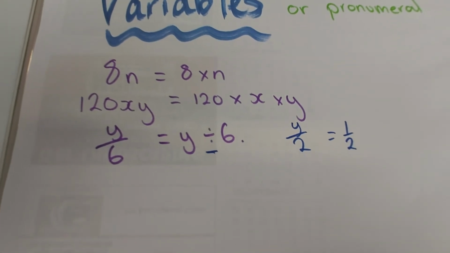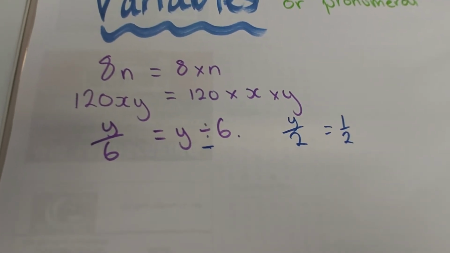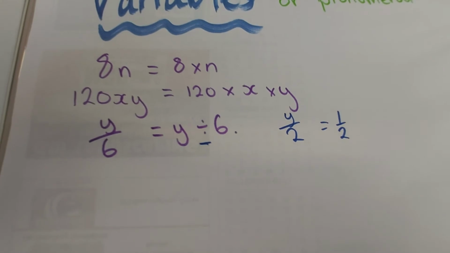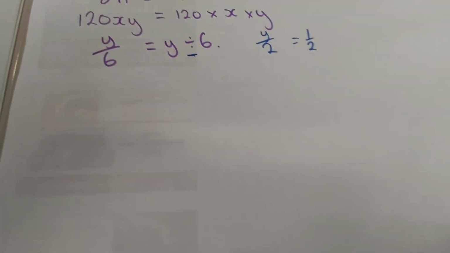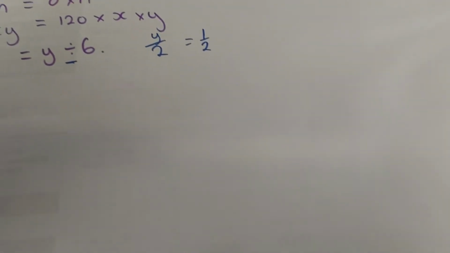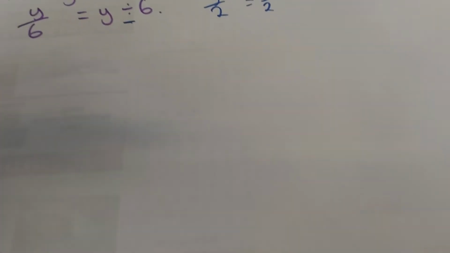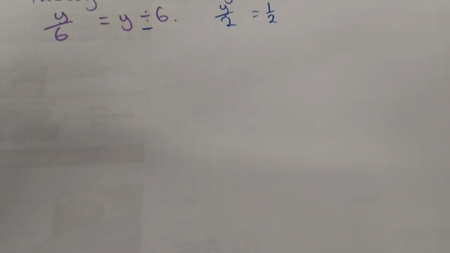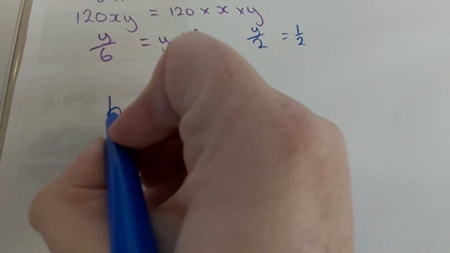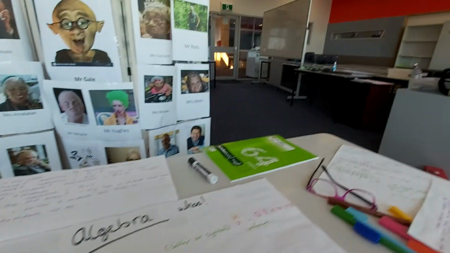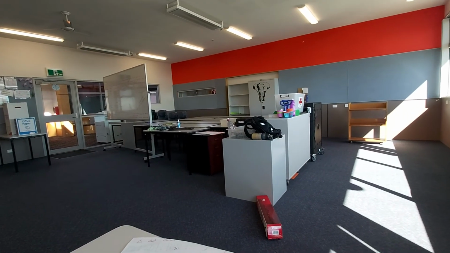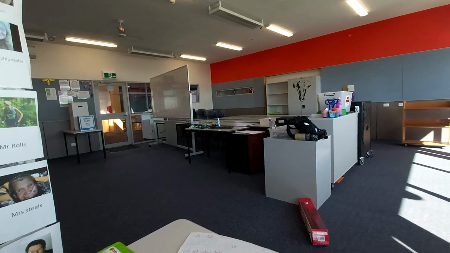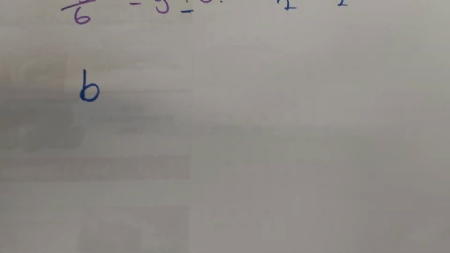Now, we're going to have a look at some different things for substitution. When we are looking at, for example, our class group, if we call our class group B amount of students, I don't know how many people are in our class because I can't just count you, so I'm saying it's B amount, okay?